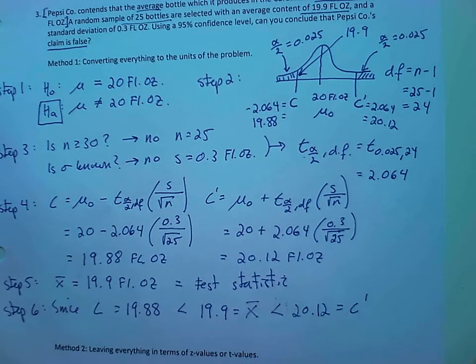And since this is the case, we do not reject the null hypothesis that mu is equal to 20 fluid ounces.